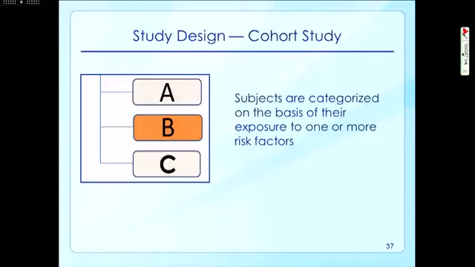Let's say you want to find out whether taking an optional healthy eating course at a high school has an impact on the food choices that students make, and maybe even on their outcomes such as obesity or diabetes. A cohort study could follow a class, an entire year of students, and you'd separate those students into those who opted to take the healthy eating course and those that did not.